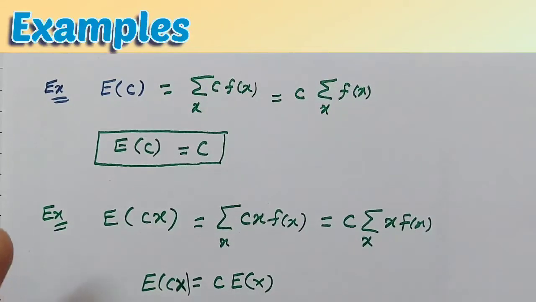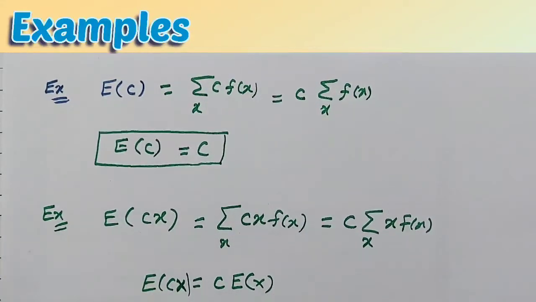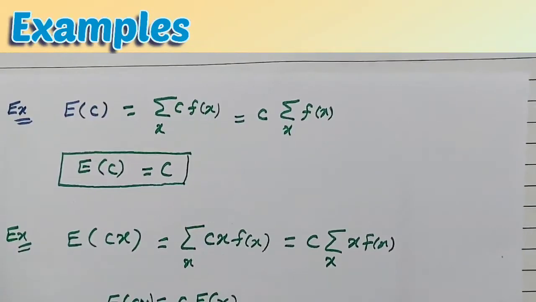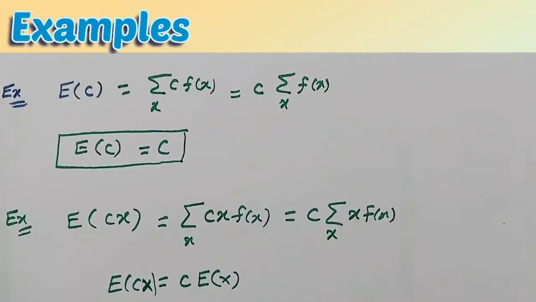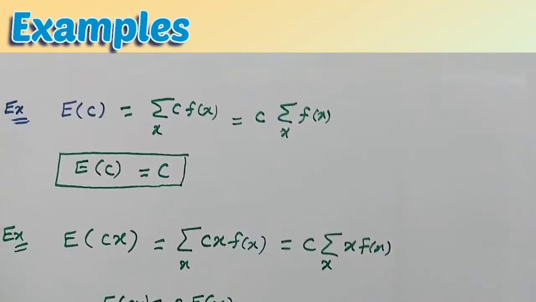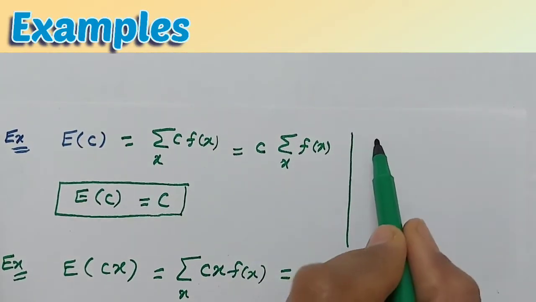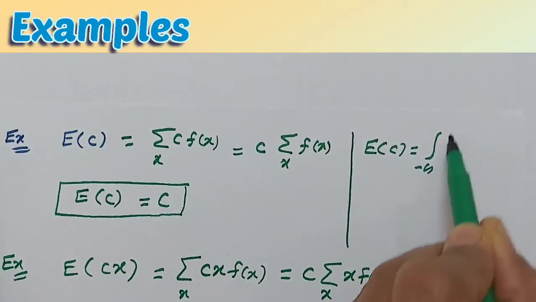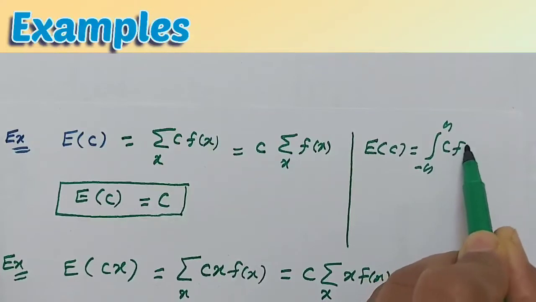And if we solve this same example using a continuous random variable, then instead of summation we have to use an integral. Here the expectation of c is nothing but the integral from minus infinity to infinity of c f of x dx.